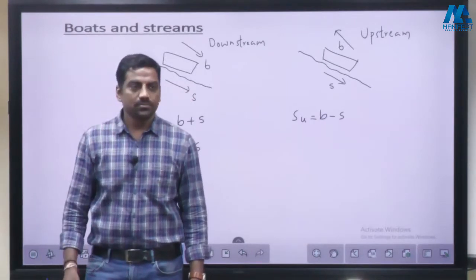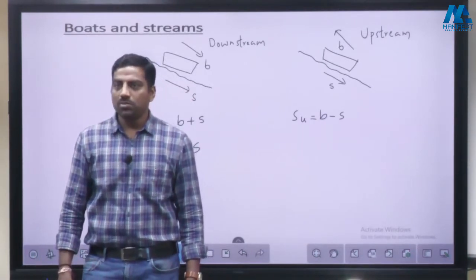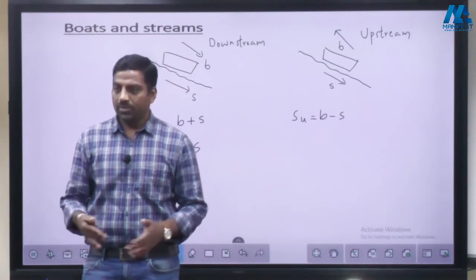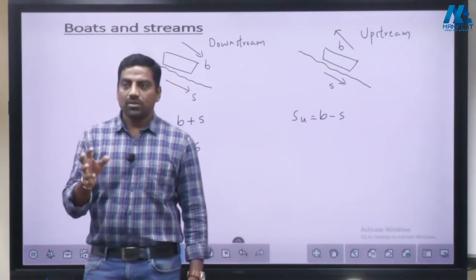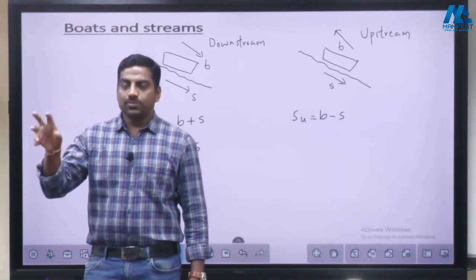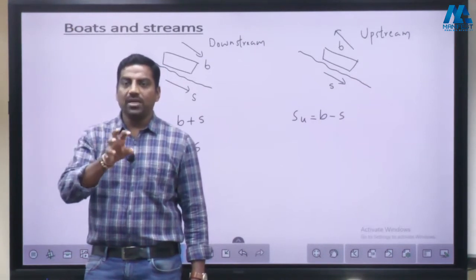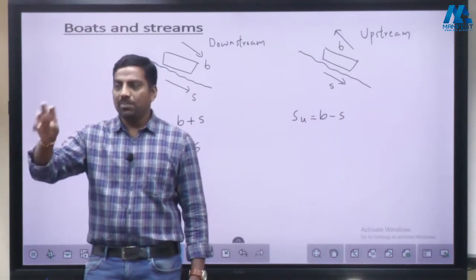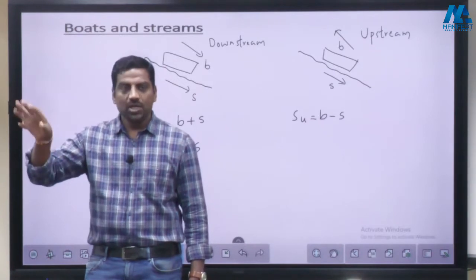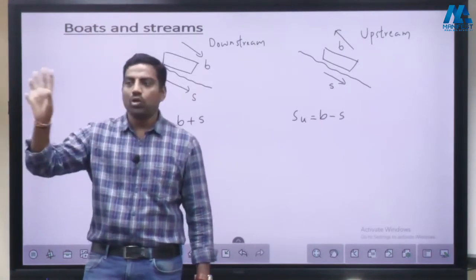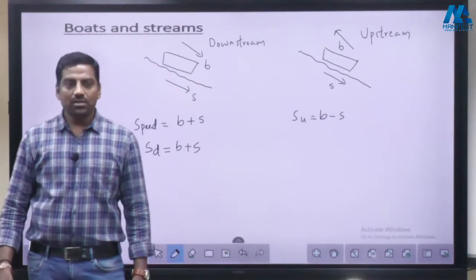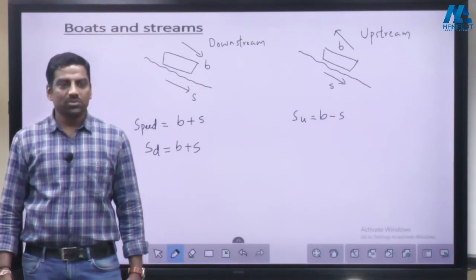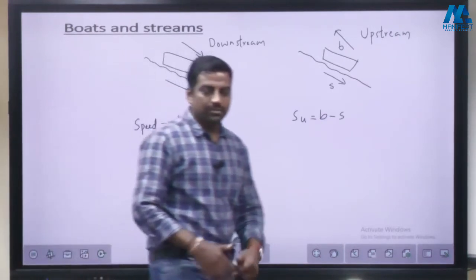Cool? No problem? So wherever speed comes, we have to take either the speed in the upstream or the speed in the downstream. That's it. You replace the S with either B plus S or B minus S. The problems are over. Fine? Can we solve a few problems?